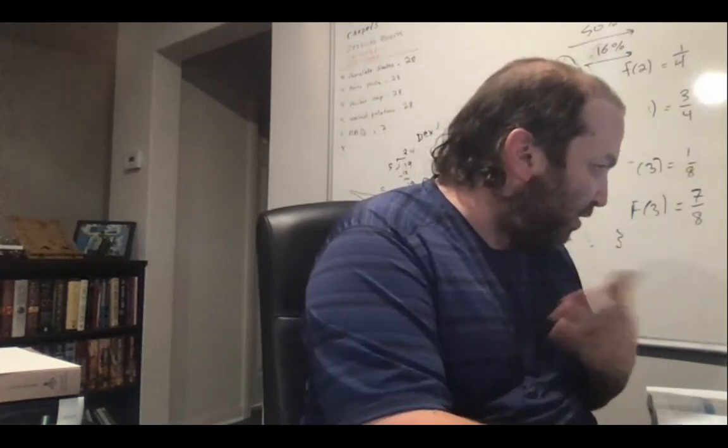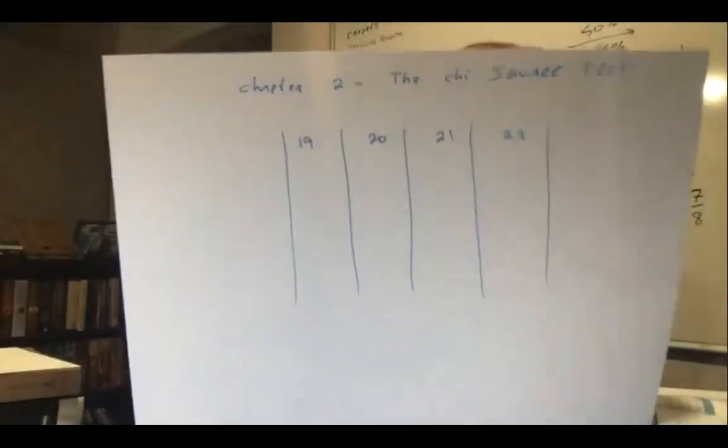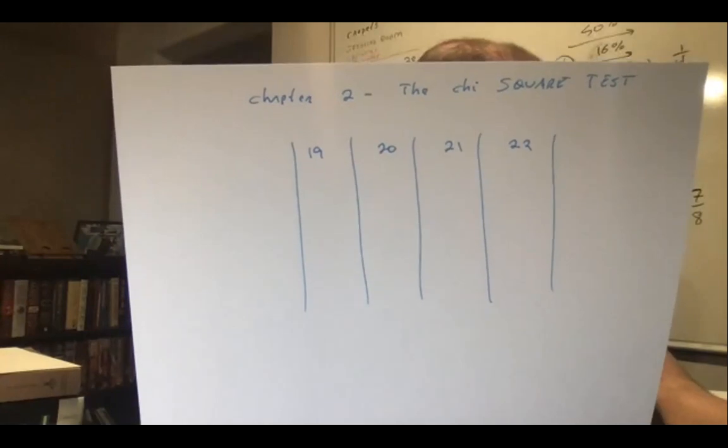So we're going to have a total of 20 cells. The 4 columns are labeled as 19, 20, 21, and 22, because we're talking about ages; I'll explain the details after we do it.